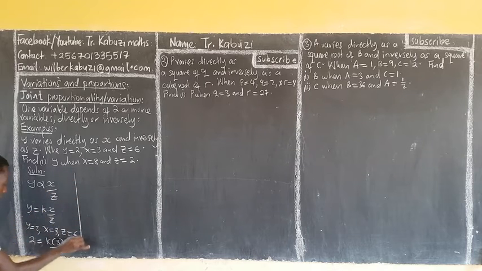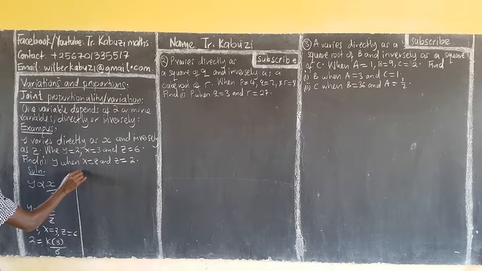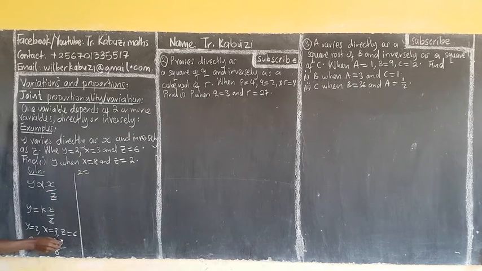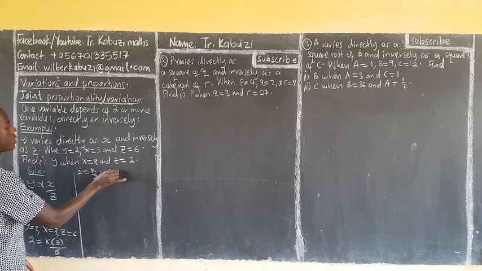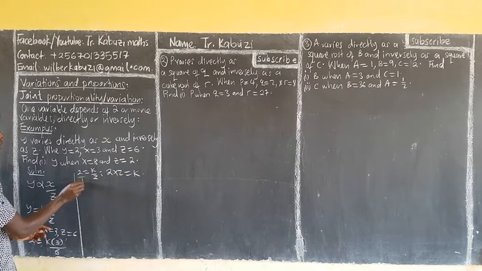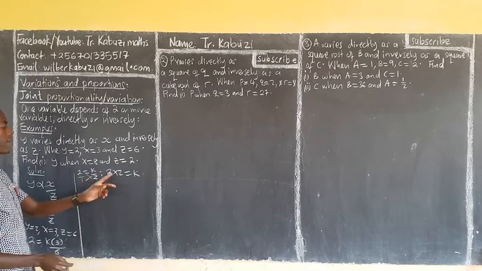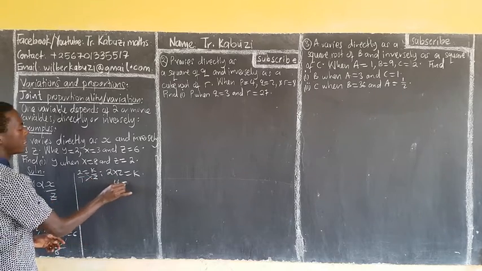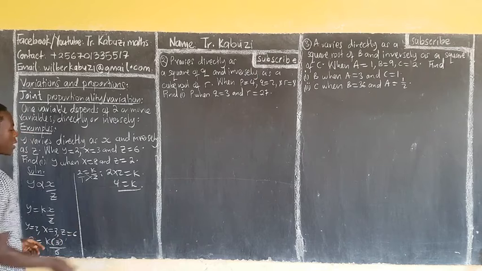From there you see that we have 2 equaling k over 2, and from here my 2 times 2 will be giving me the value of k if I cross multiply. So from here now 4 will be the value of k.